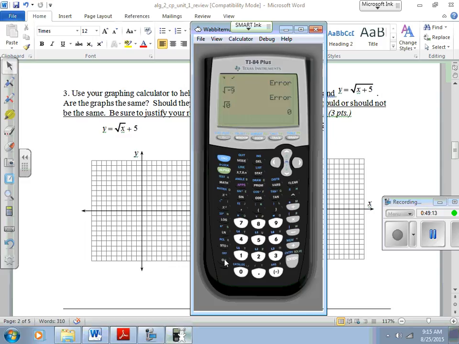Before we do anything, I would hit the second button, the plus button, reset, 7, 1, and 2 to reset the memory, just to clear everything up, and then you hit the clear button. All right, everybody go hit the y equals button.